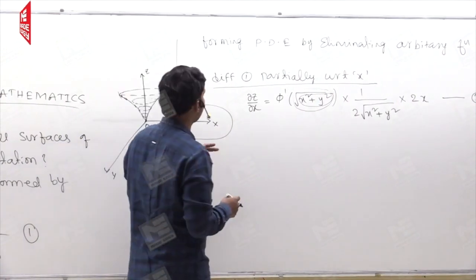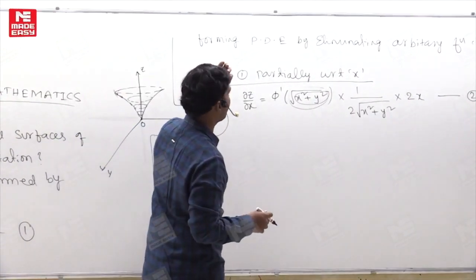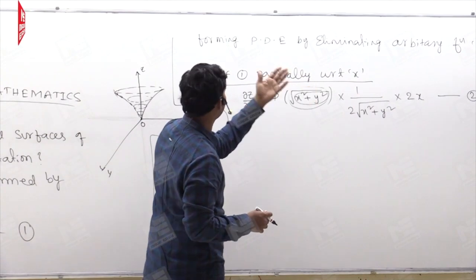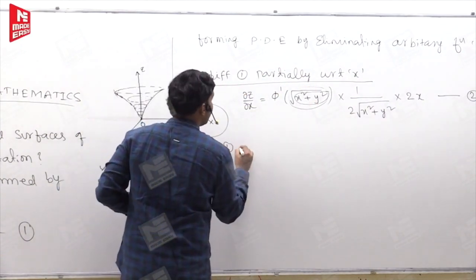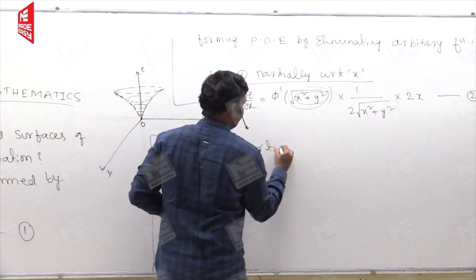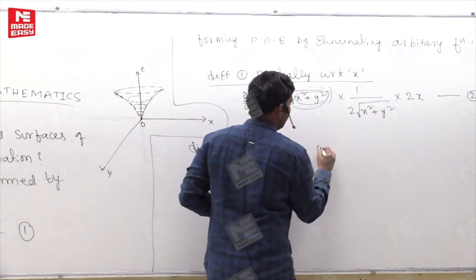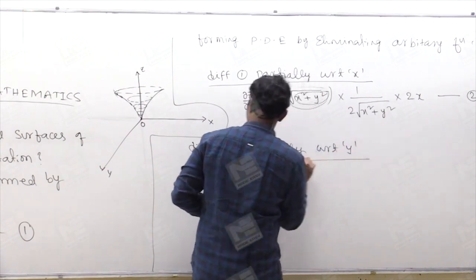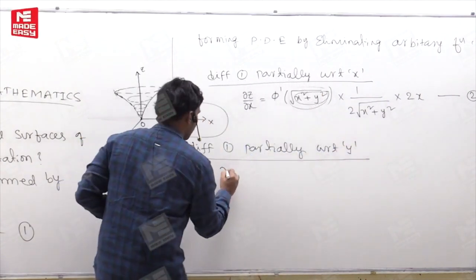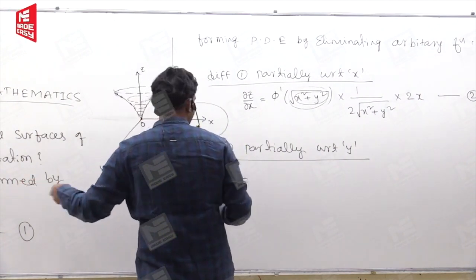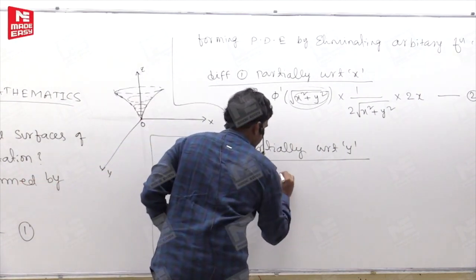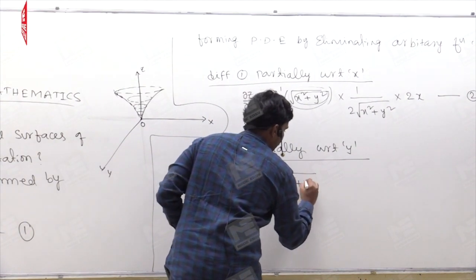Similarly, we take the partial differentiation of equation 1 with respect to y. So then dou z by dou y is equal to phi dash of under root of x square plus y square.